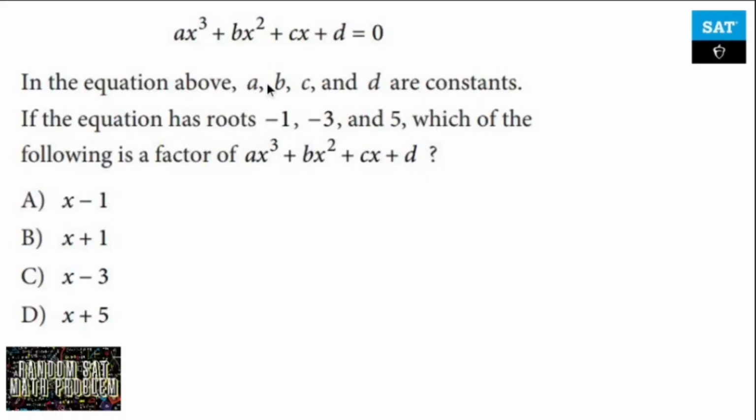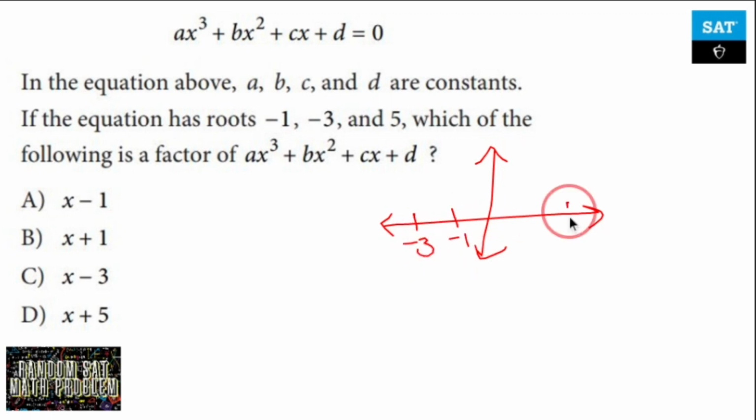In the equation above, A, B, C, and D are constants. Okay, technically they're coefficients and a constant, but who's counting? If the equation has roots of -1, -3, and 5, which of the following is a factor of that? Well, if it has roots, that means whatever the equation looks like, and I'm not going to draw a picture, I'm going to put -3, -1, and 5 here.